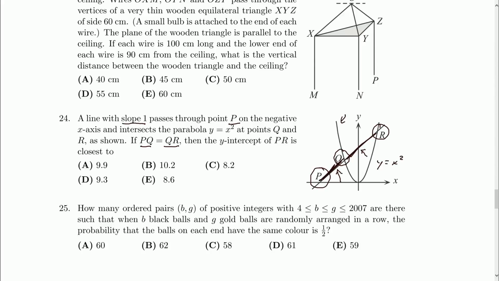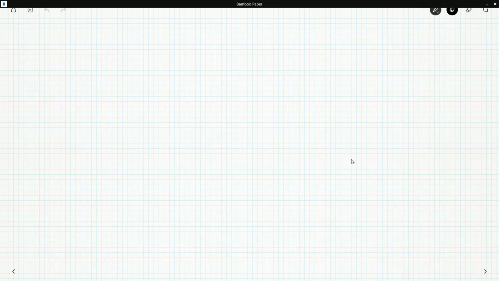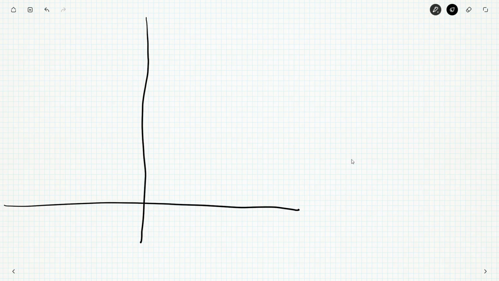Yeah, I think that's fine observations for the start. We can redraw this picture here and see what we can see. Bring our parabola down here.